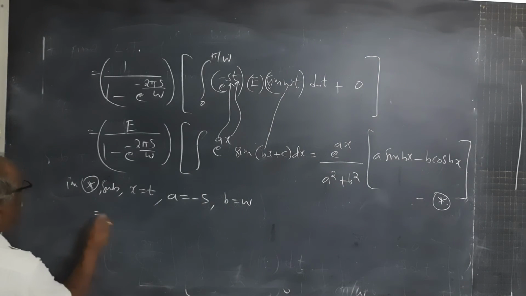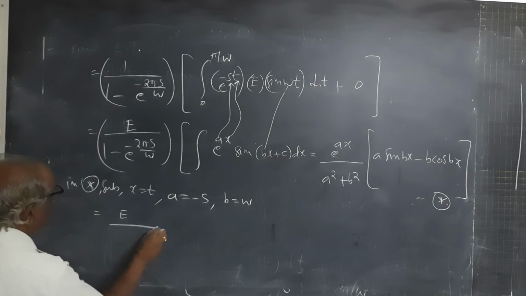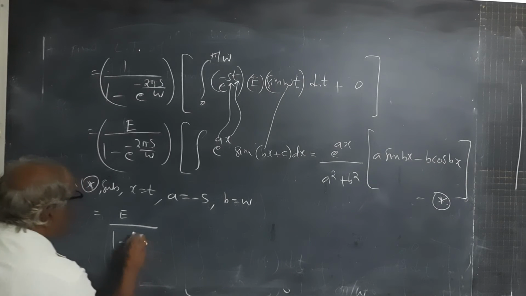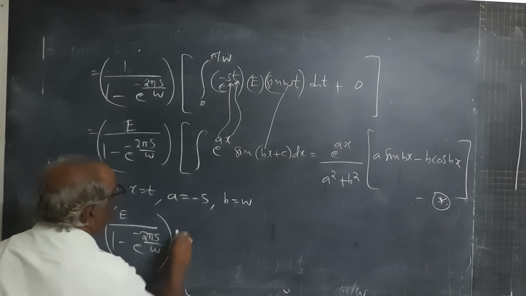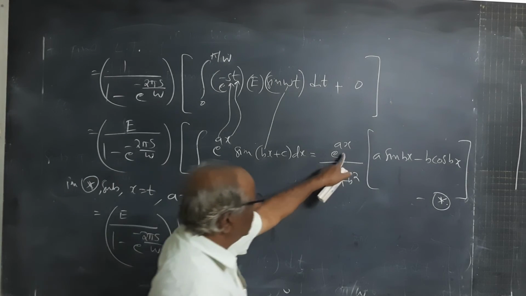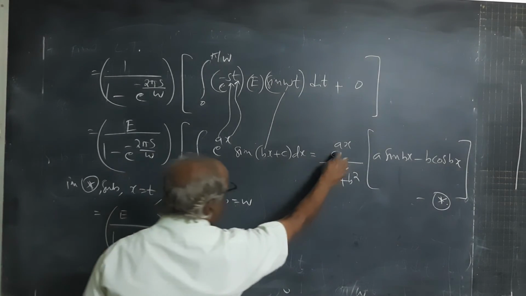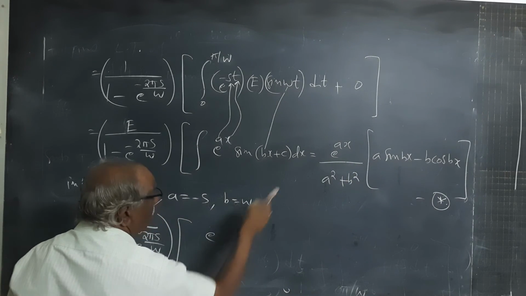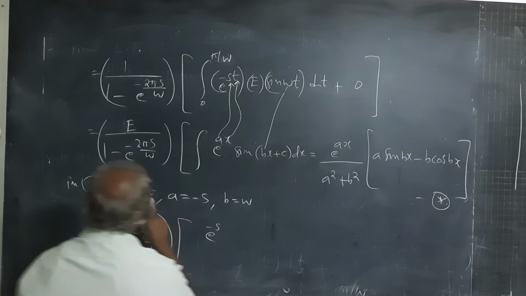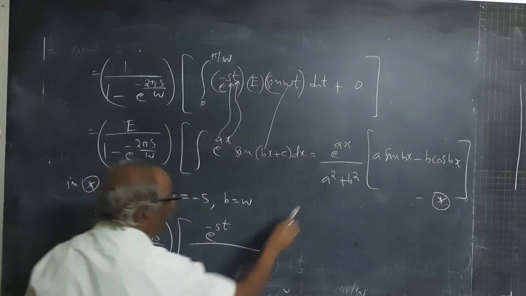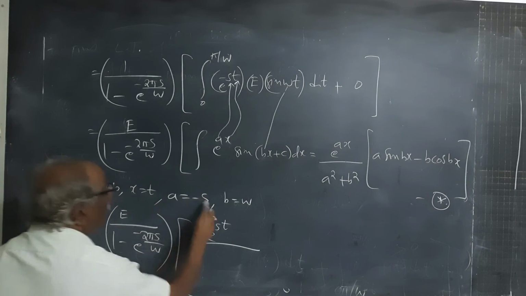So if I substitute, what happens? Capital E by 1 minus e to the power minus 2 pi s by omega, into, in this RHS let us substitute. This is the answer. Here I have to substitute e to the power a x. What is a? Minus s, x is t, divided by a squared, what is a squared?